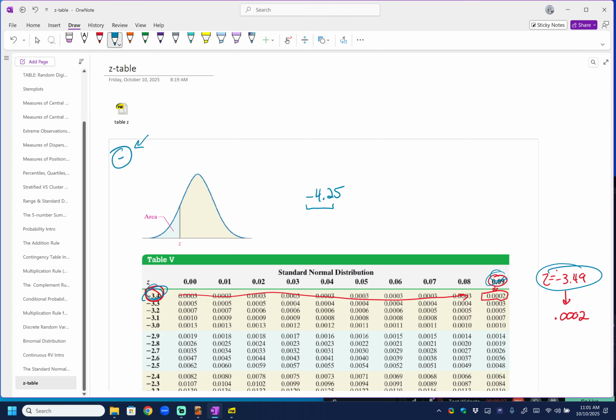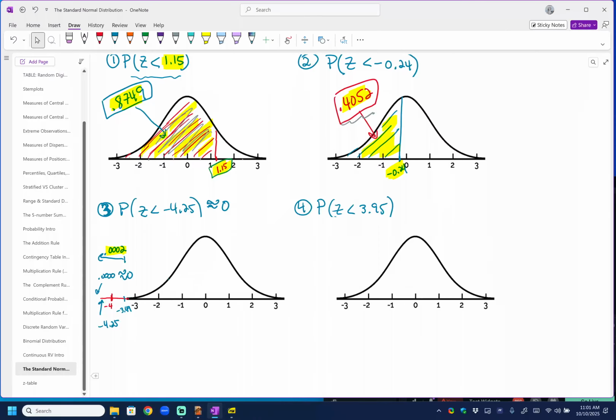Okay, so what about this guy? Probability that z is less than 3.95. All right, so again, we're out here somewhere. That's right there, about 3.95. We're looking for the area below that. The same logic should hold here, in that there's very little area out here.